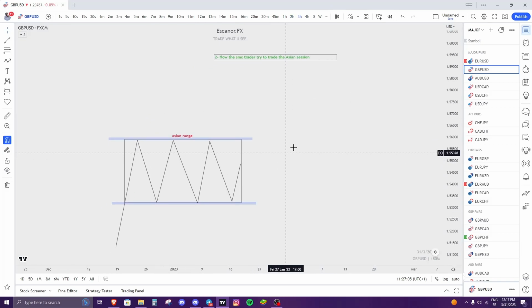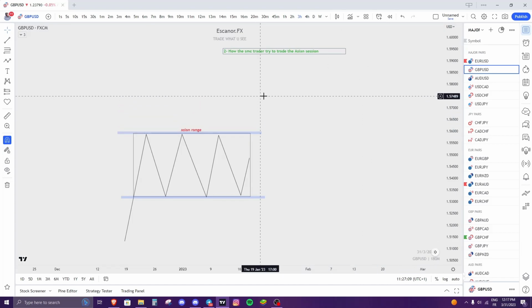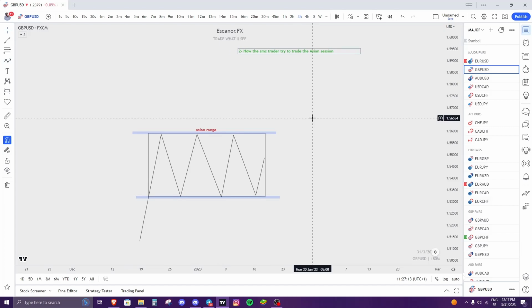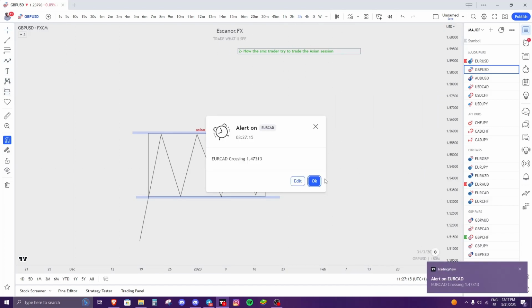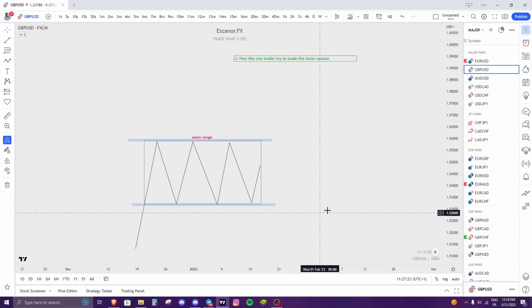So how do smart money traders try to trade the SCN session when London opens? The idea is we're gonna wait till the high or the low of the SCN session gets broken, and then drop to the lower time frame and look for a change of character.